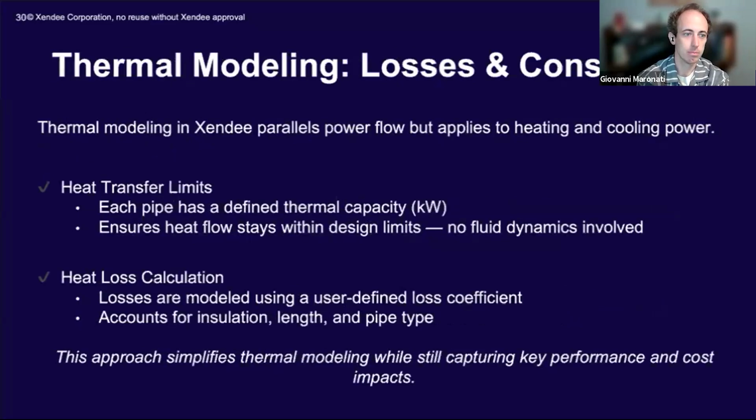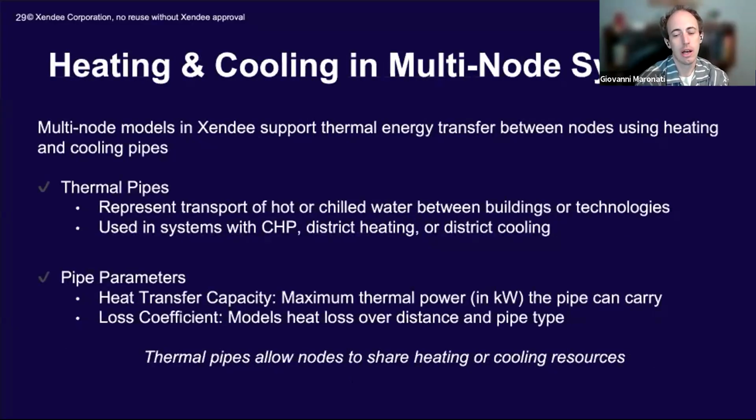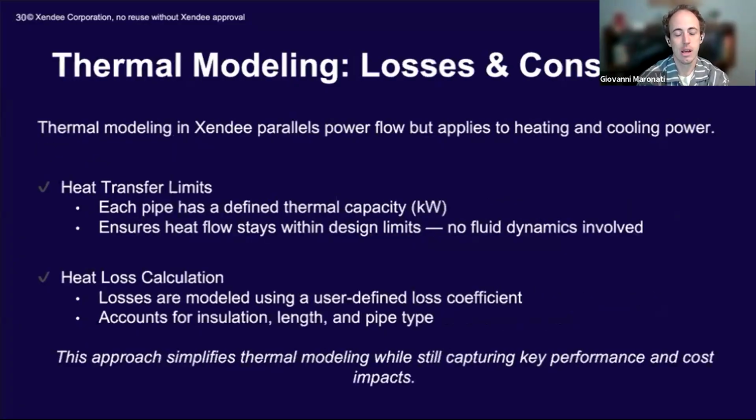Next slide. Sorry, 29, it was the correct one. So conceptually, the thermal model parallels the power flow, but it's deliberately simplified. We're not doing advanced thermodynamics or heat transfer analysis. We just make sure that we are enforcing a thermal capacity limit on each pipe, and we calculate heat losses over the distance through a loss coefficient.